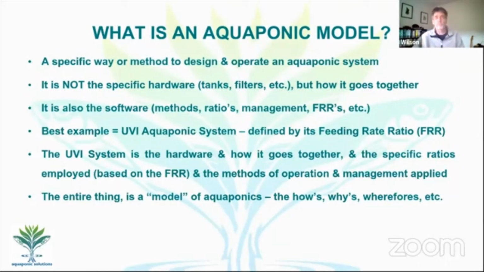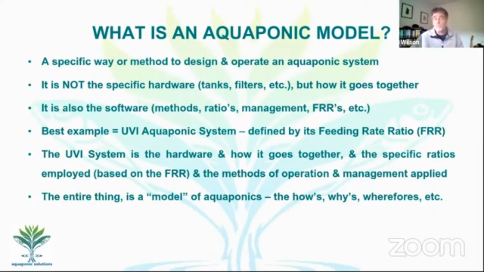But the real importance of it, and the thing that makes it a good model, is the actual feeding rate ratio and how that lets you determine the size of the fish component compared to the plant component and the management technique, which in terms of UVI is test your pH, watch it fall every day, add potassium and calcium based buffer to bring it back up, and use a feeding rate ratio that oversupplies most of the nutrients that the plants need. So the entire thing is a model.